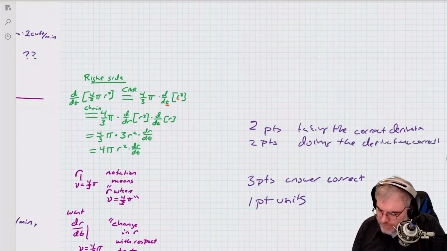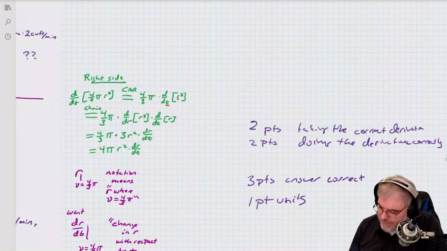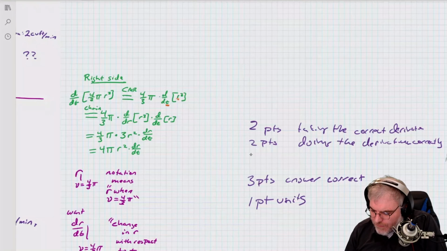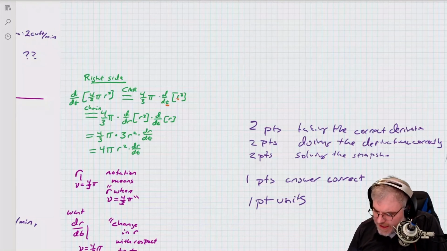So this is like 2 points for knowing you had to take a derivative of the thing, and 2 points for doing it right. And then it'll be like 3 points solving the snapshot. I'm actually over this, so it'll probably be 2 for this, 2 for this, right? And it'd probably be 1 point for the right answer, 1 point for the units, and then 1 point for putting it together.